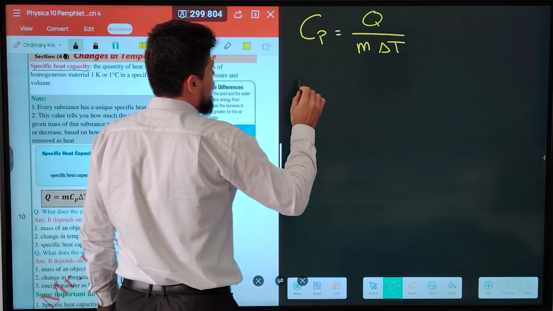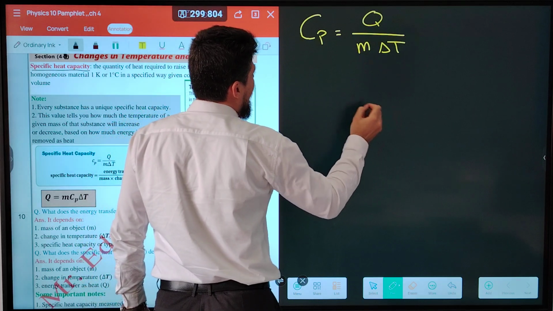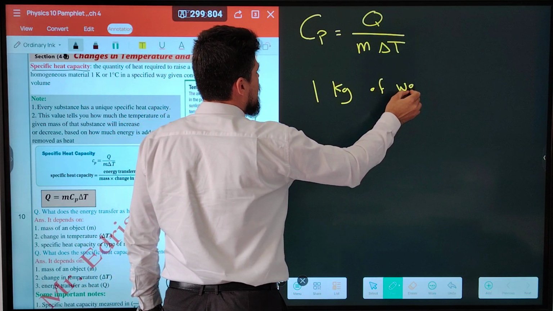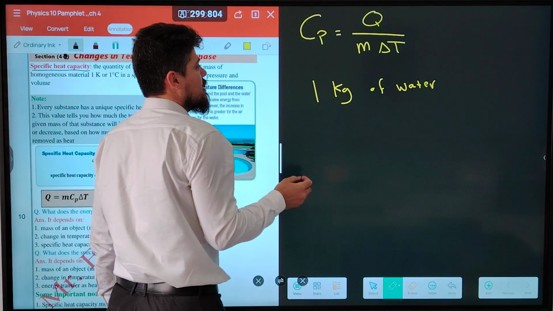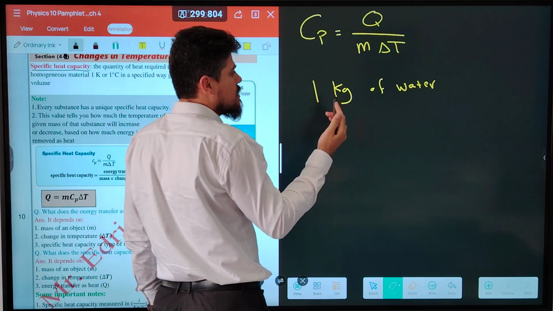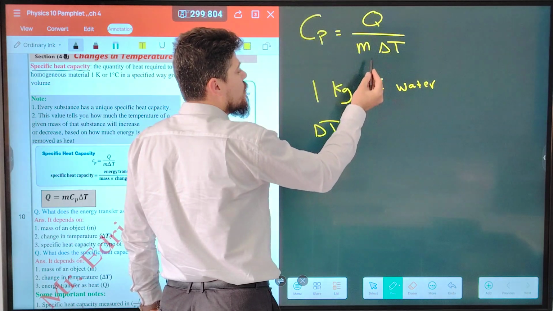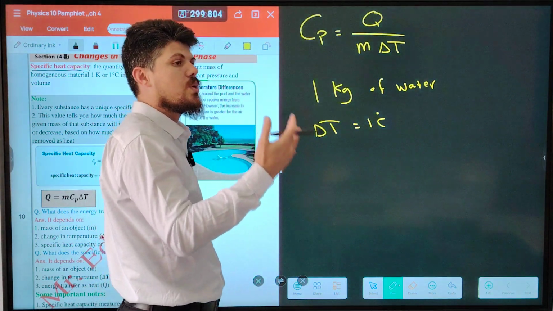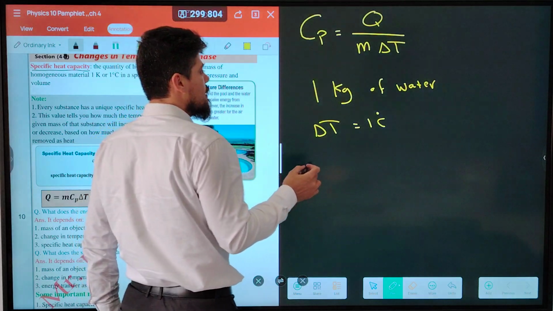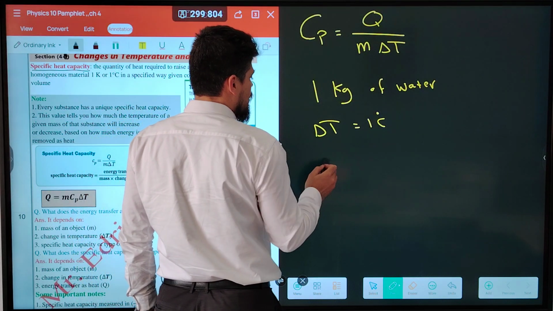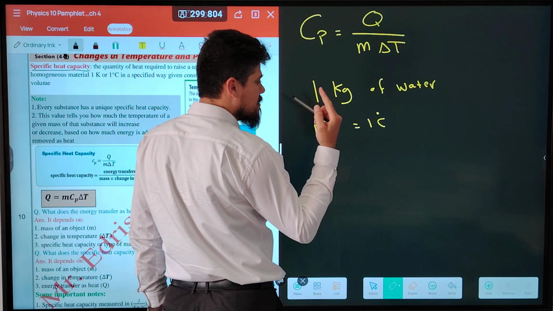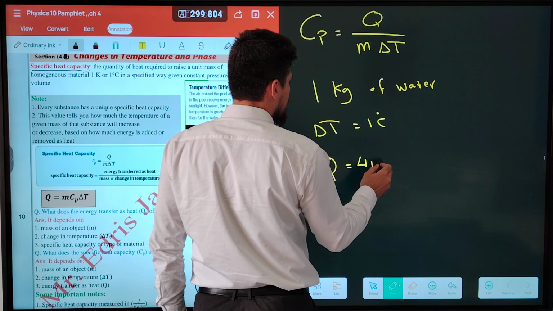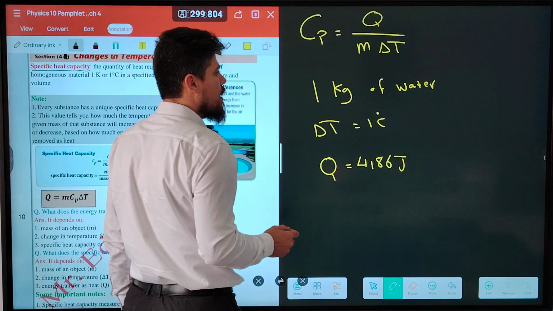So for example, if we have 1 kilogram of water, and the temperature changes by 1 Celsius, delta T equal to 1 Celsius, like from 20 to 21 Celsius, or from 0 to 1 Celsius, the amount of energy required to increase the temperature of 1 kilogram of water by 1 Celsius is about 4,186 joules.